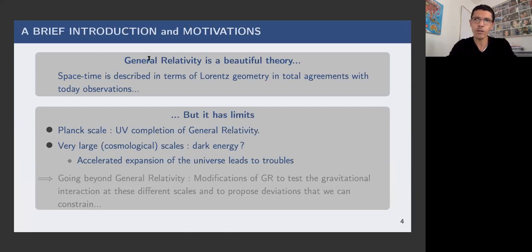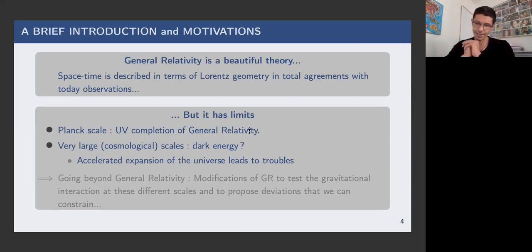As you all know, general relativity is a very beautiful theory, not only in the theoretical framework, because it describes gravity in terms of Lorentzian geometry, and it is in total agreement with the observations that we have today. But we know, as any classical theory in physics, it is an effective theory, and it has its domain of validity.